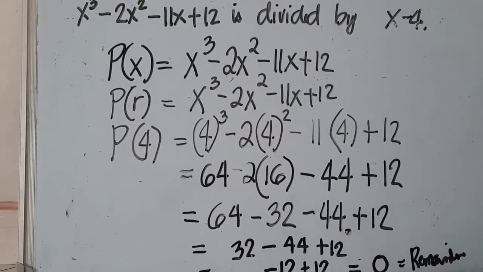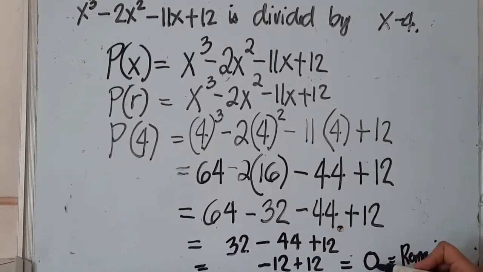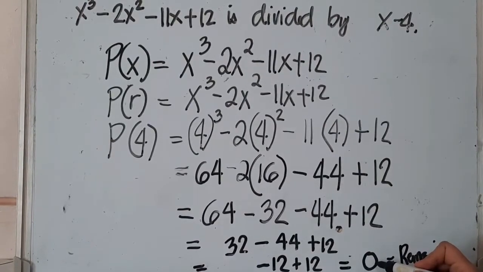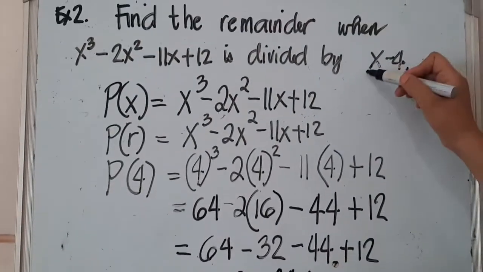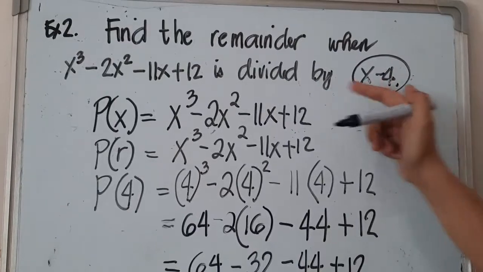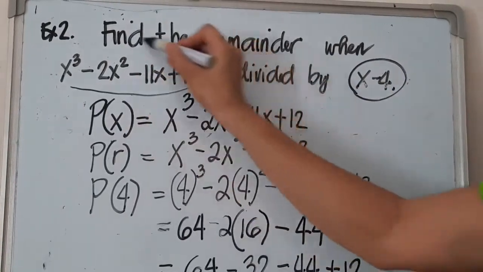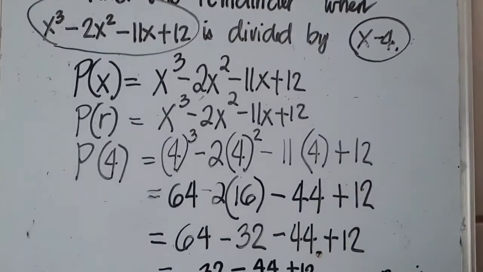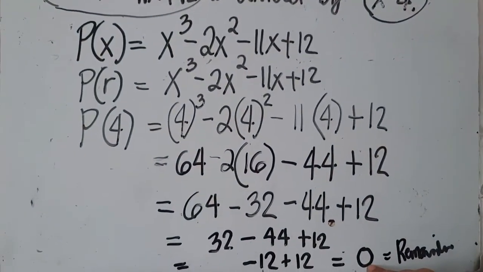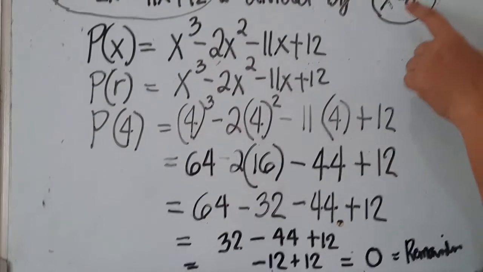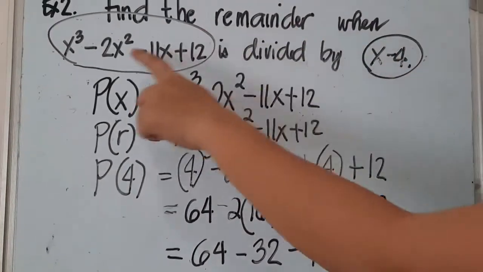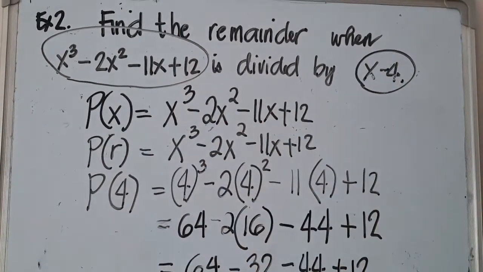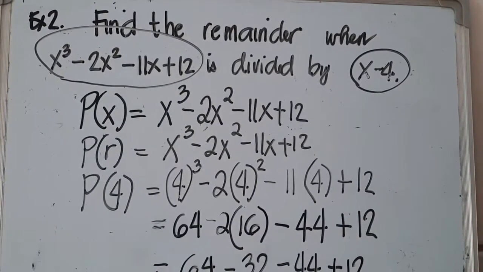Take note of this one. When the remainder is 0, automatically the divisor is a factor of the dividend. I repeat, when the remainder is equal to 0, the divisor is a factor of the dividend. Did you get that?